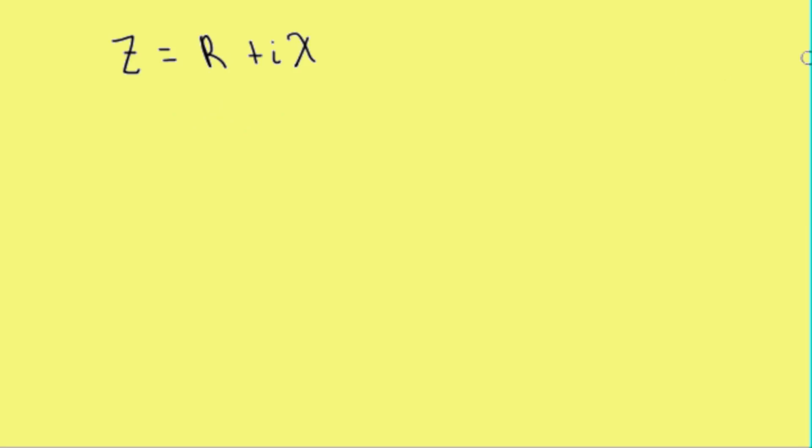The resistive part dissipates energy, and the reactive part stores energy. So more or less everything we learned in DC circuits can apply.